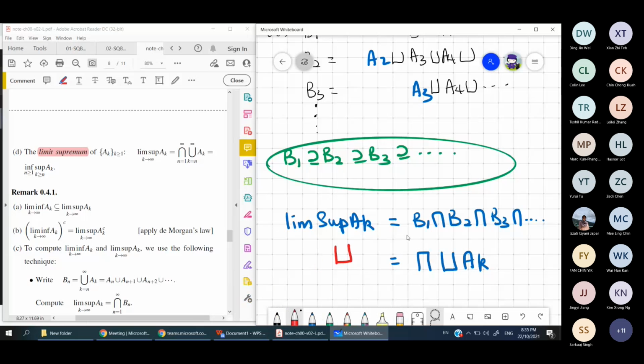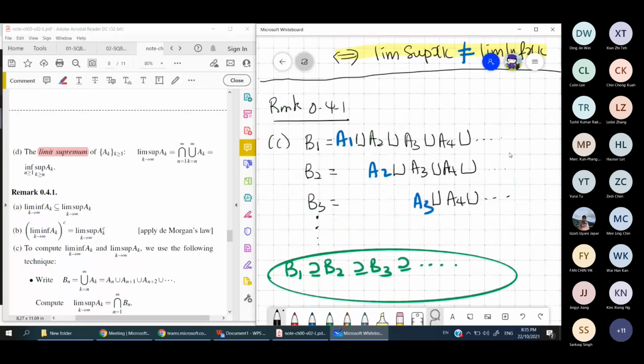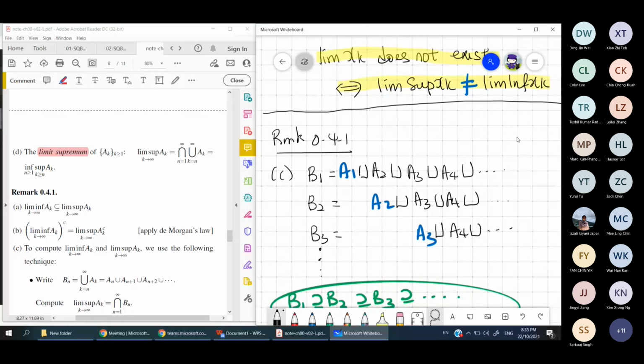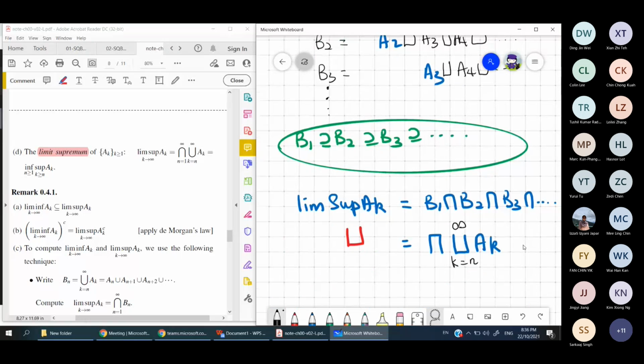If you want to put it in a more proper way, k runs from n to infinity, 1, 2, 3, and after that, we take n from 1 to infinity.